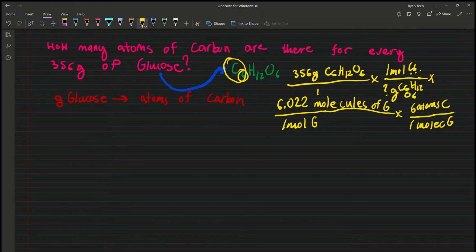Okay, now, as we mentioned earlier, we have question mark grams of C6H12O6. So let's measure the grams per mole of that molecule. Now, if you look at your periodic table, you realize that carbon has 12.01 grams per mole. So for every 1 mole of carbon, there's that many grams.